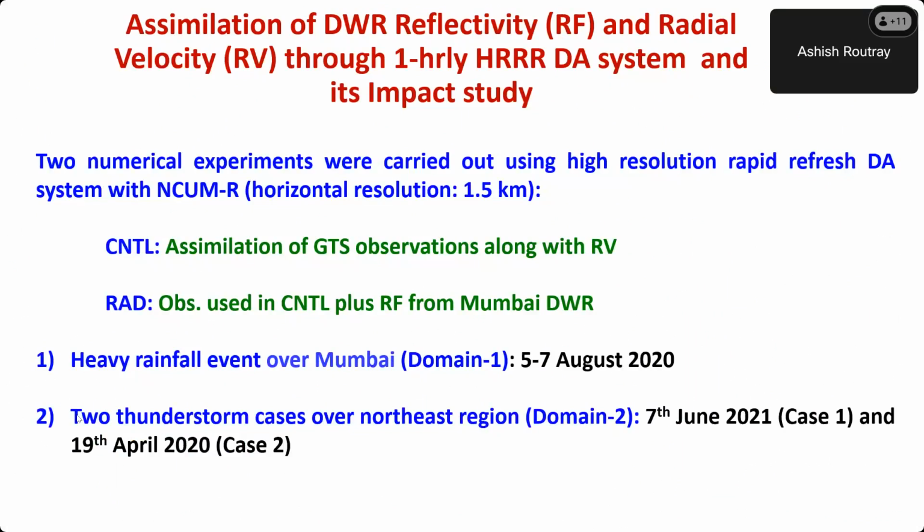In the small domain we are not getting much synoptic and conventional observation, so more focus is on radiance, radar reflectivity and radial velocity with the plus or minus 3 minute window. I cannot say exactly, but it takes about 2 hours, maximum 2 hours, for the forecast from start to end.